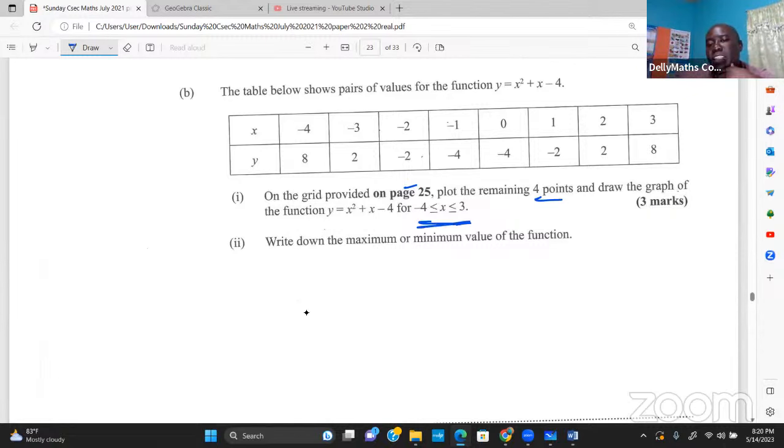When they give you this, it's additional information from your table. It's your domain. See there, the -4. See there, 3. Even if you don't understand what that means, don't stress yourself. They're telling you where the graph starts and where it will end, right? So you want to look at that.